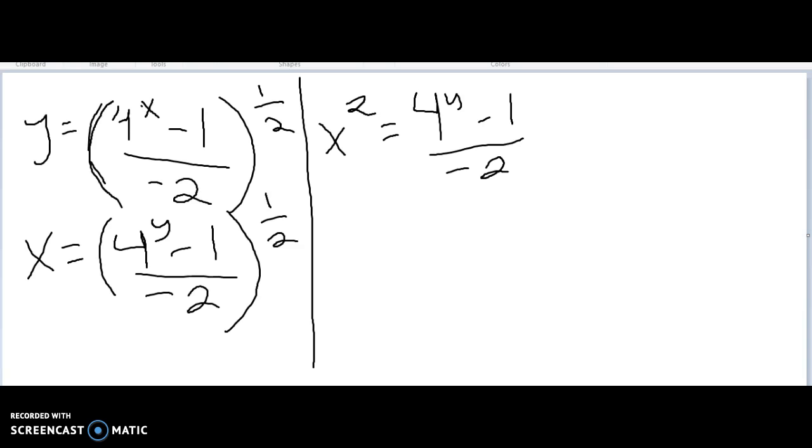Then you want to divide by negative 2, so that's negative 2x squared, and then that would be crossed off. So 4y minus 1.